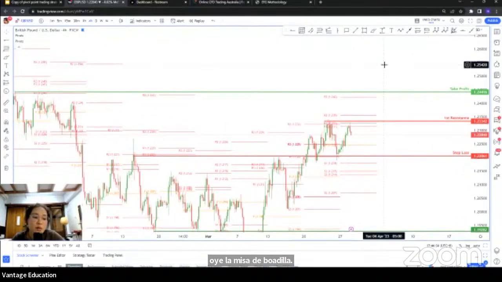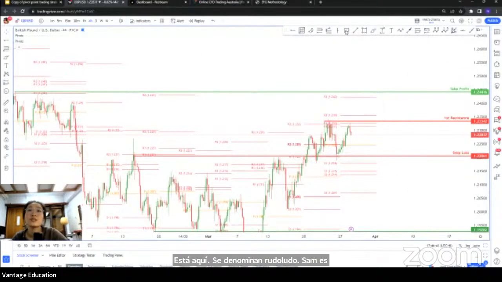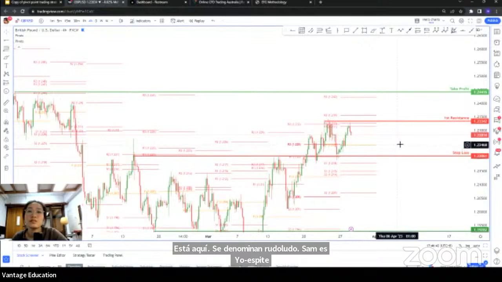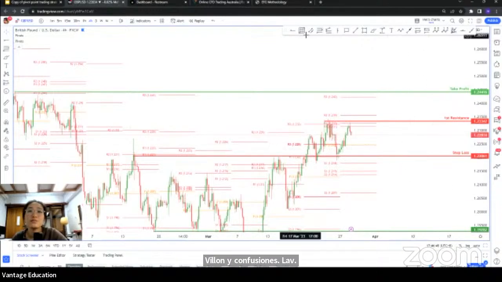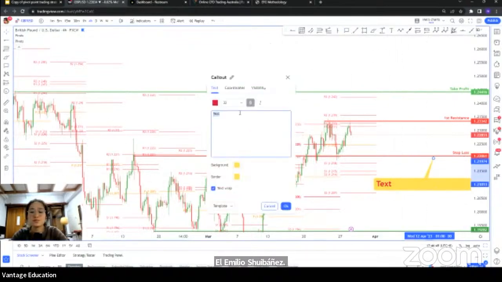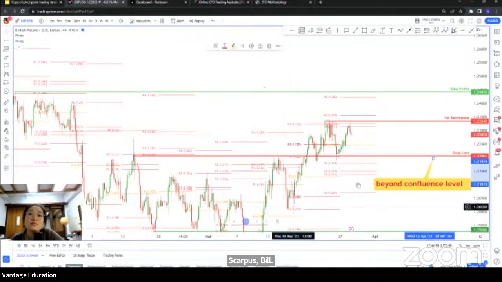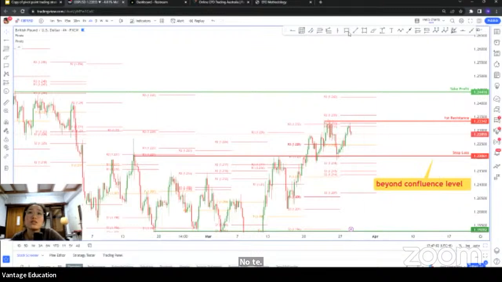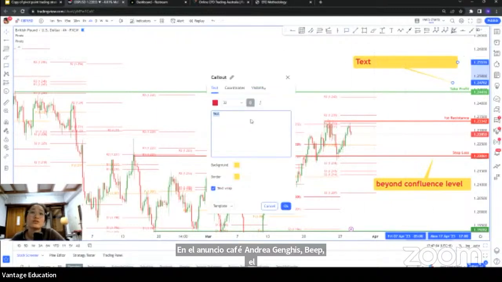So the general rule of thumb is your stop loss should always be placed beyond a confluence level. Okay, let me just show you what I mean. Stop loss beyond. Okay. And then our take profit, on the other hand, should be placed before a confluence level.